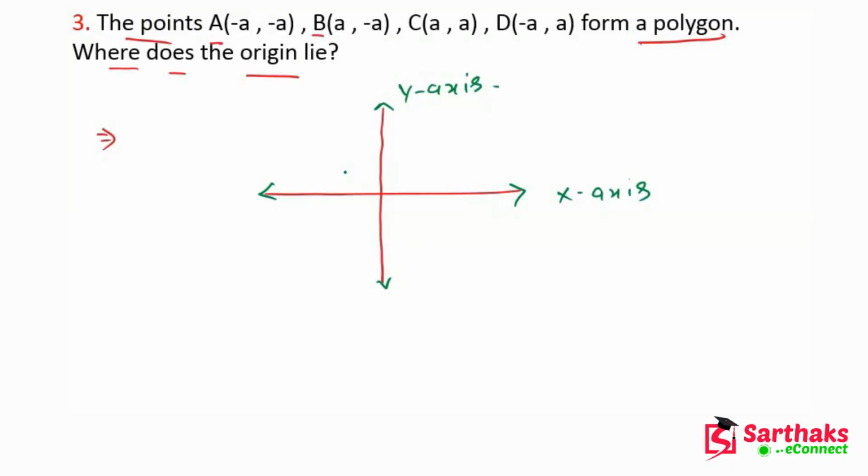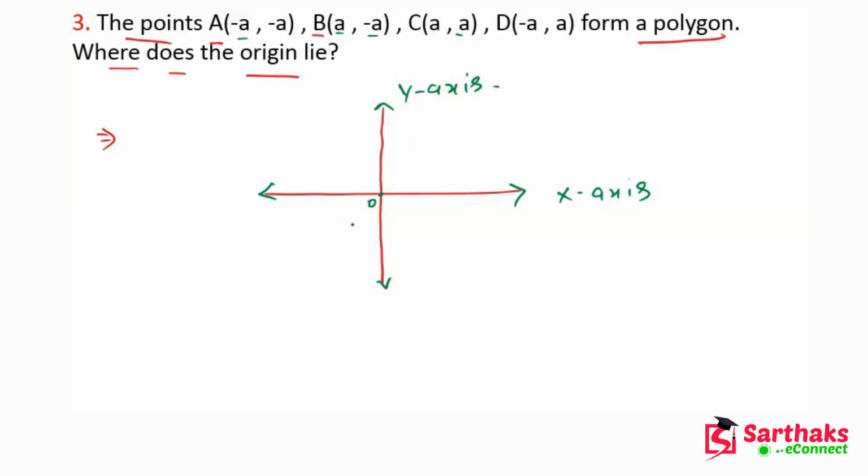Now in this case, first of all we have to plot these points. All the points are either on the positive x-axis or negative x-axis, or on the negative y-axis and positive y-axis. So a is common. Let's suppose this is the origin.